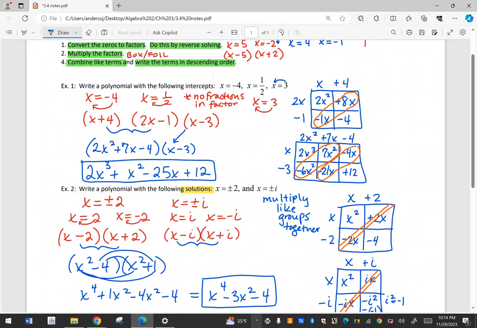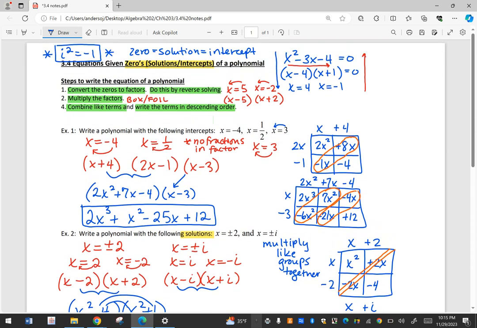So again, if this is starting as a negative 4, then it should be a positive 4 in the parentheses. This is starting as a positive 1/2, so I should have a negative here. Ending here as a positive 3, so it should be a negative. So that should kind of help you as you're going through this. All right, go ahead and use your notes now and work on the homework assignment.